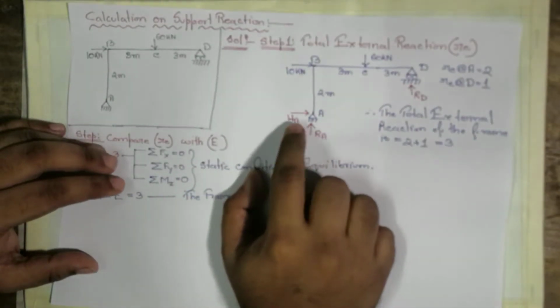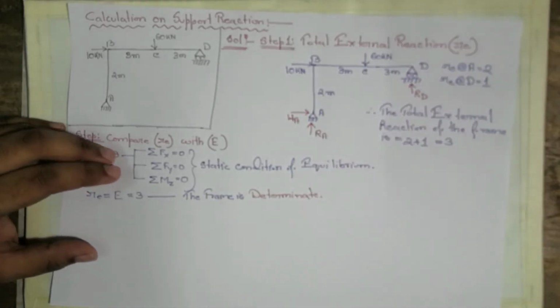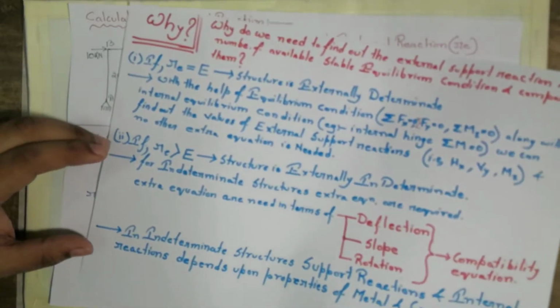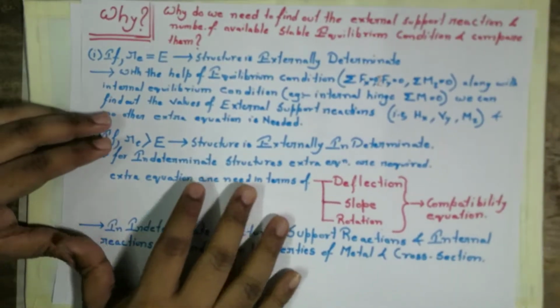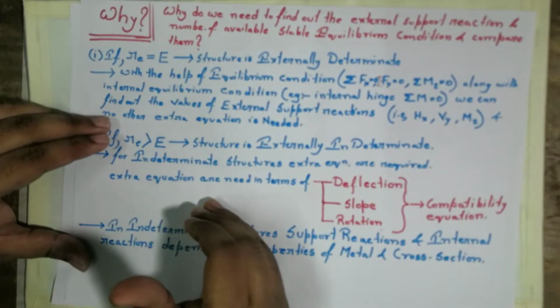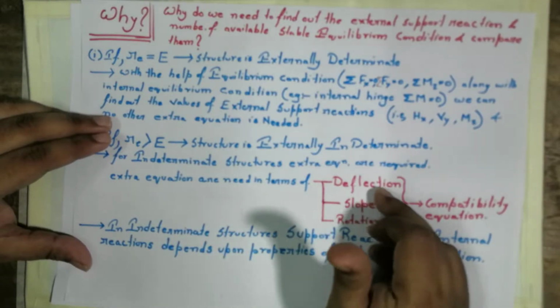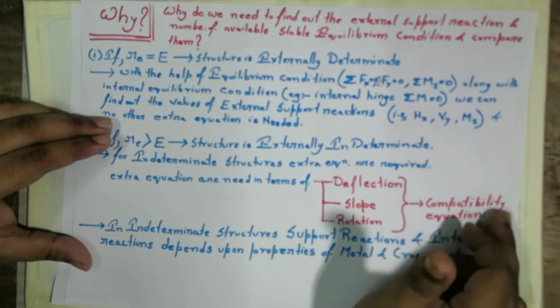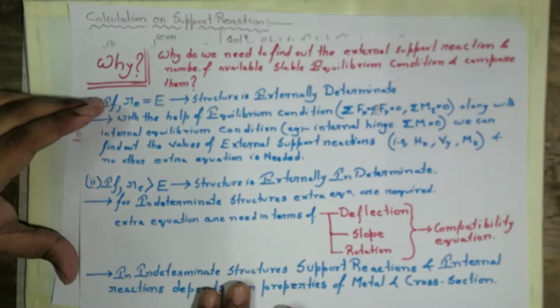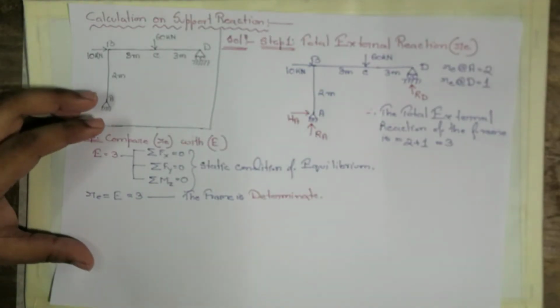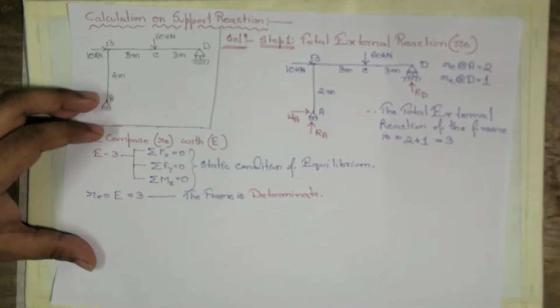Okay, in this case RA, HA and RD. So if RE is greater than E, then the structure is externally indeterminate. In the determinate case we don't need extra equations in terms of deflection, slope or rotation, which are the compatibility equations, because it is determinate.